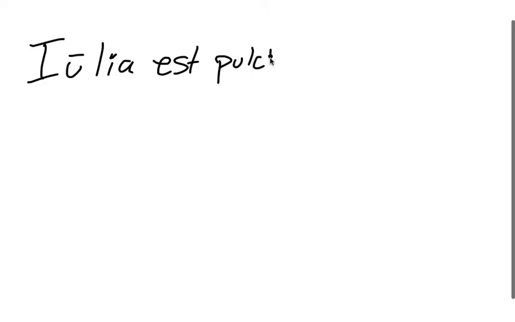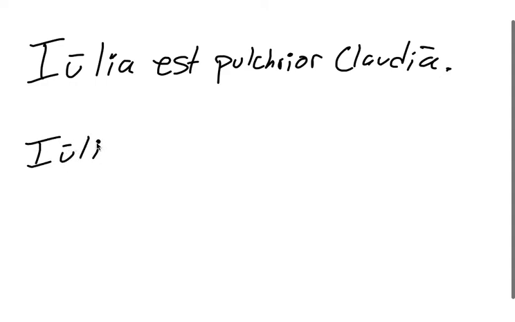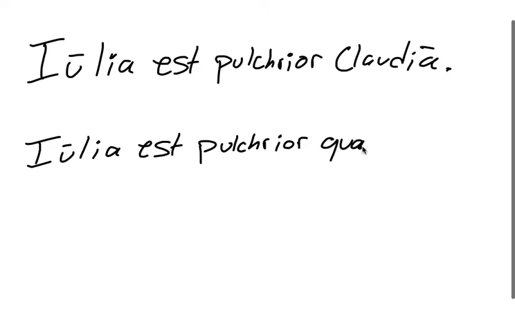Okay, let's write that sentence again. So, Julia est procrior Claudia. Okay, I can write this sentence another way. I can say, Julia est procrior quam Claudia.